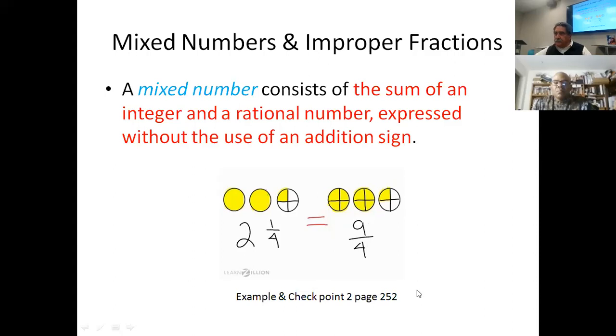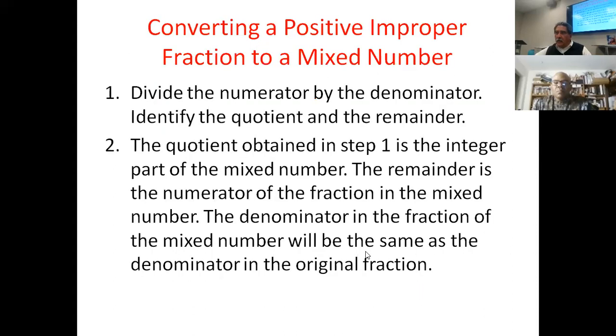All right? We just did this also at the same time. If you want to do the reverse, converting a positive improper fraction to a mixed number, you just divide. I just showed you.